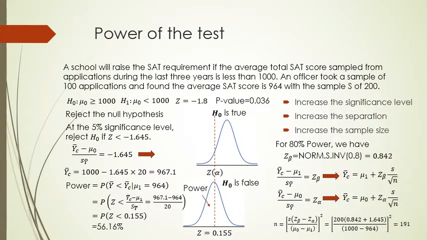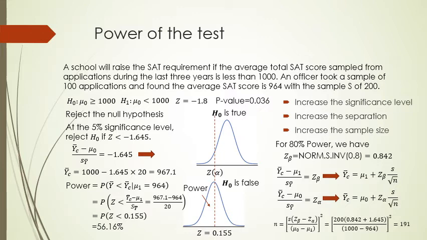Let's use one of the previous examples to understand the power of the test. A school would like to know the average SAT score of the admission applications. The research hypothesis is the average score is less than 1,000. The sample of 100 applications has an average score of 964, and the sample standard deviation is 200.